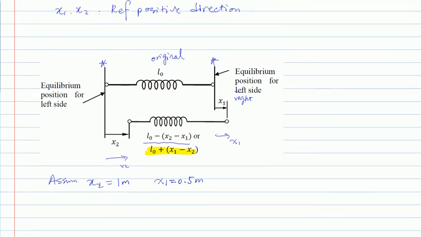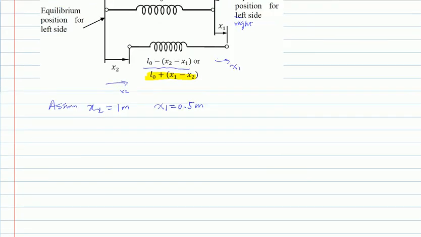Then under this motion, the spring length becomes L naught minus x2 minus x1, which equals L naught minus 1.5 meters. Apparently this length is less than the original length L naught. What that means is the spring is under compression.